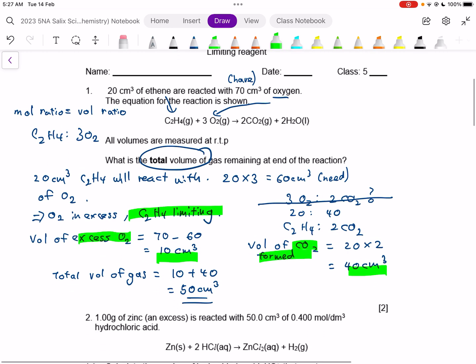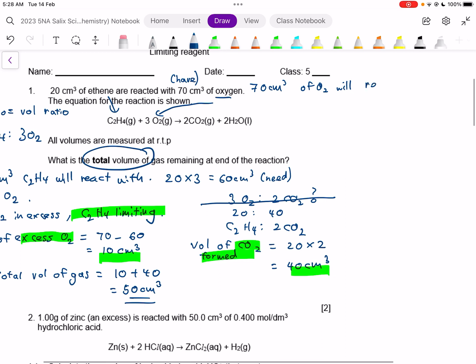Of course, just now when we found out who is the limiting reagent, I can also go from the oxygen point of view. I'll briefly write at the side: 70 cm³ of O2 will react with ethene. The ratio is 3:1, so I take 70 divided by 3.